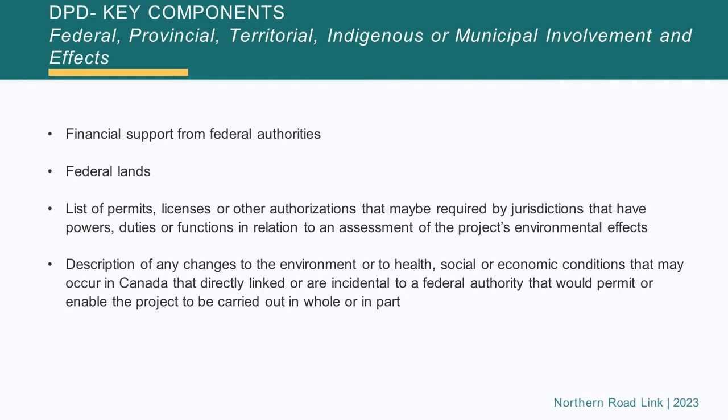So this could include many, many different agencies, federal, provincial, in some cases municipal as well too. And then finally, description of any changes to the environment or to health or social or economic conditions that may occur in Canada that are directly linked or are incidental to a federal authority that is responsible for permitting or enabling the project to be carried out.